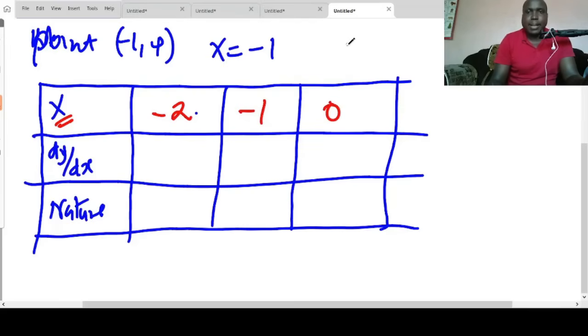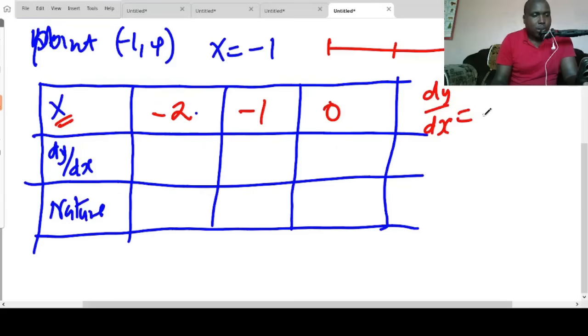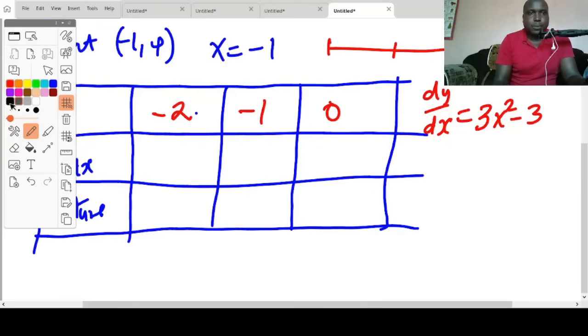So you should know the number line. Now, the next thing is you substitute these values in dy over dx. Our dy over dx was, what? It was 3x squared minus 3. So we start with -2. Substitute. Where you see x, you put -2.